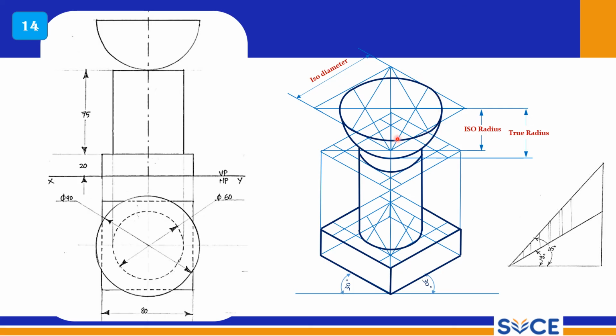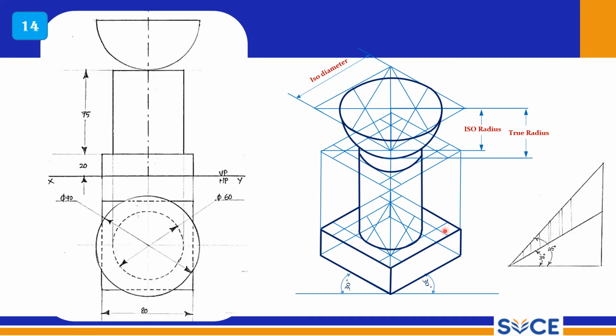So this is the iso circle. To draw this arc, use true radius. Now with this point as center, use true radius, tangentially you draw this semicircle, and then complete this with the usual procedure, and this is your base. This base is obviously a prism.